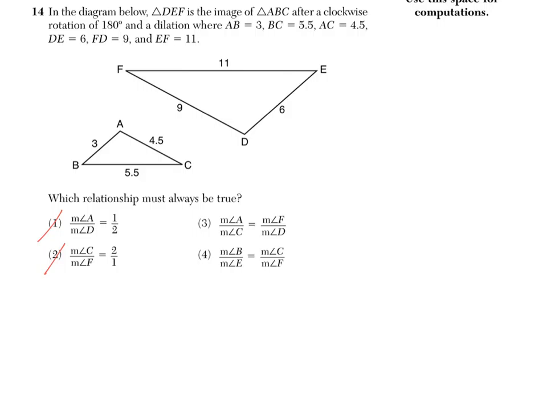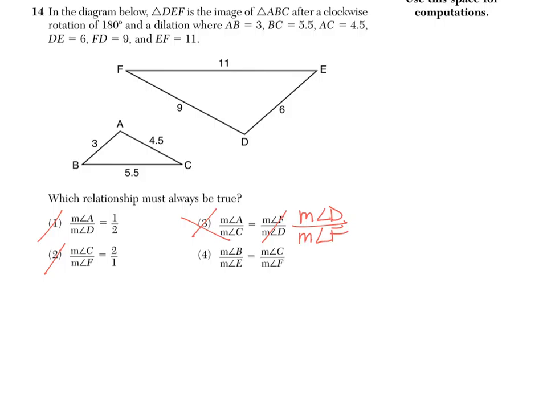For number 3, if we set up the proportion, the measure of angle A over the measure of angle C is equal to the measure of angle F over the measure of angle D, well, we can't set up that proportion, because although the measure of angle A and F proportionally don't work out correspondingly, what you should have here in place of that is the reverse, the measure of angle D in terms of corresponding angles over the measure of angle F. Then we could prove that to be true.